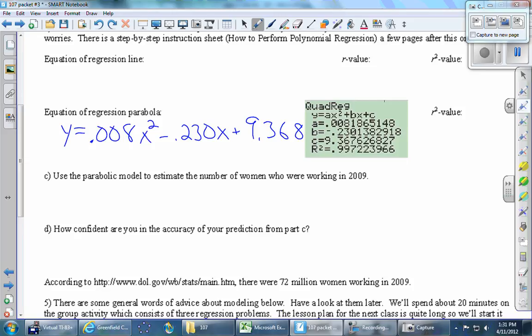Yeah, the c represents the y-intercept. Just like in mx plus b, the b is the y-intercept. Whatever number is sitting at the end is always the y-intercept. Okay, that's our parabola. Any questions on that?